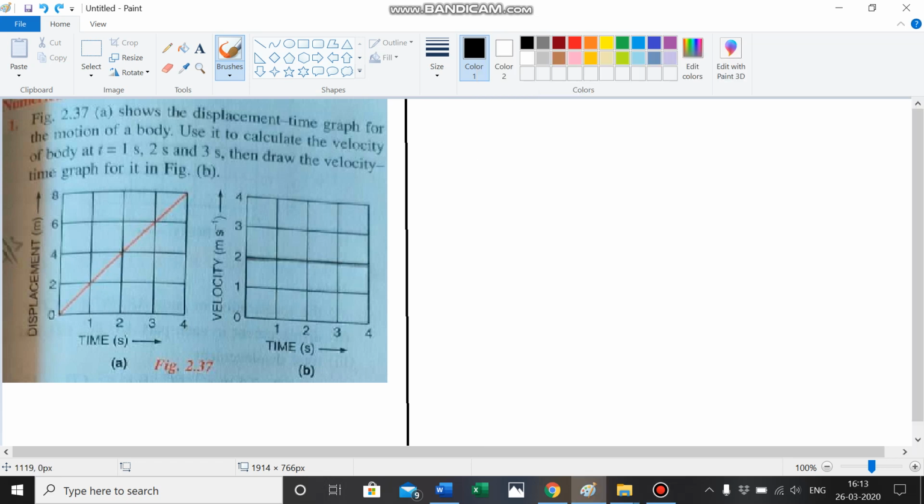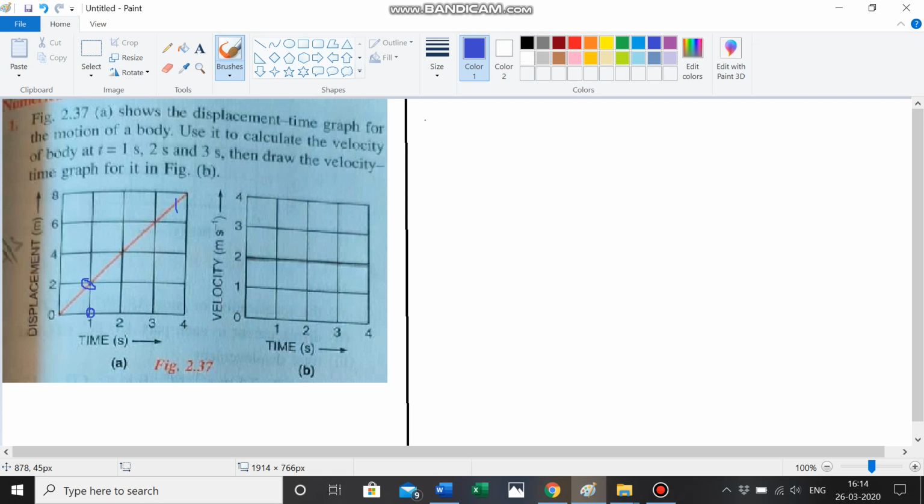Well, let me change color so that whatever I write is visible on the paper. This is t is equal to 1, and I need to calculate velocity using a displacement time graph. So at t is equal to 1, my displacement is here as per the graph, which means displacement is 2.